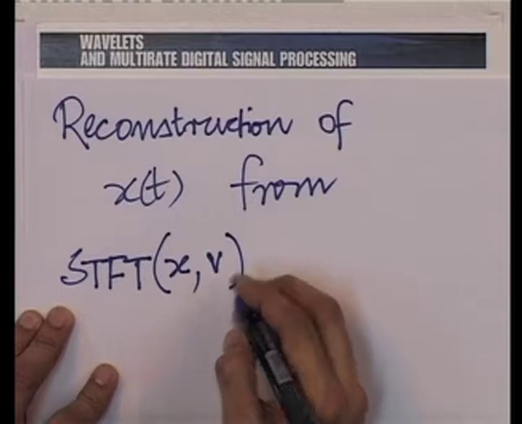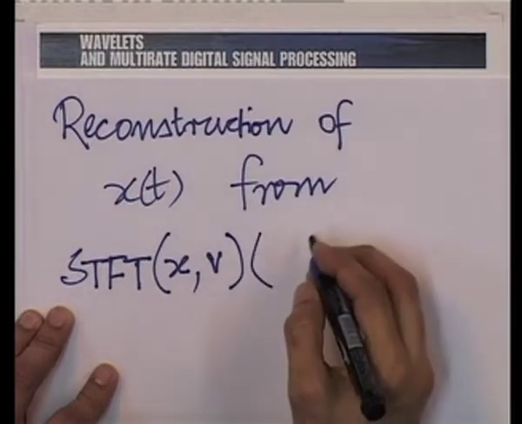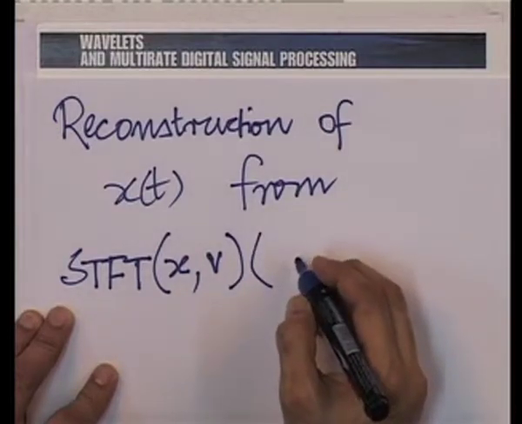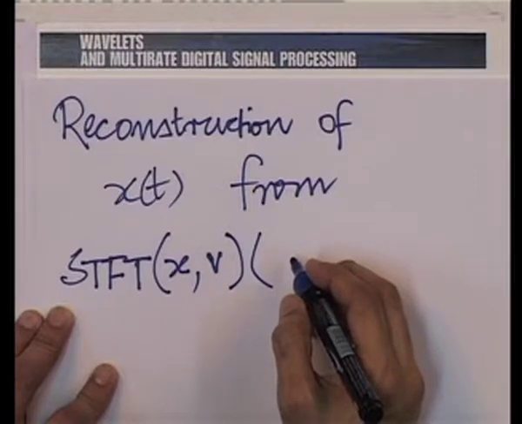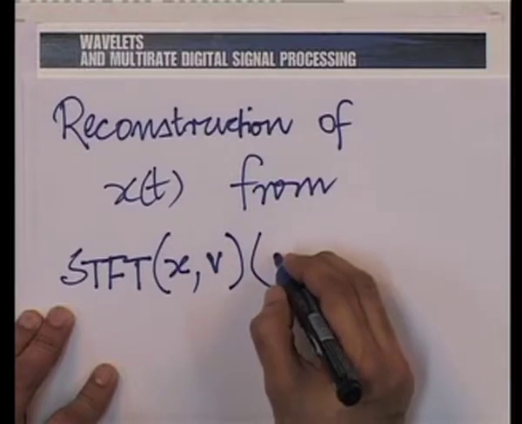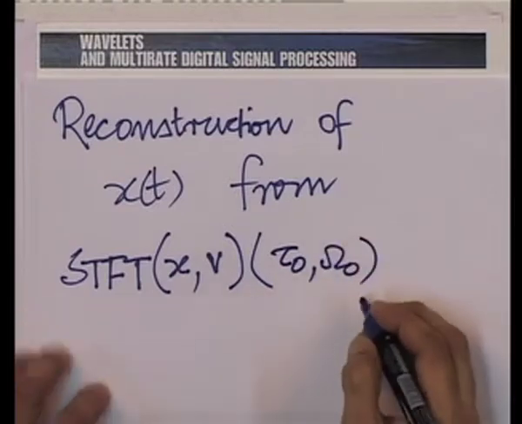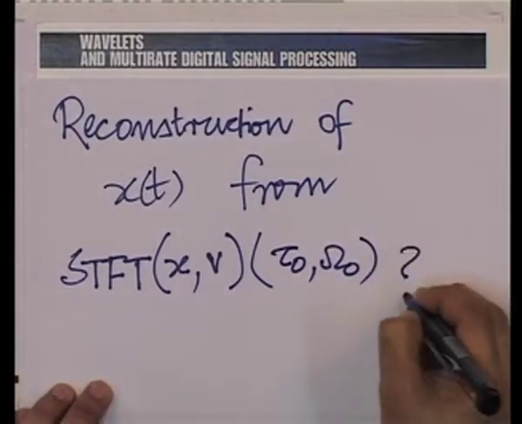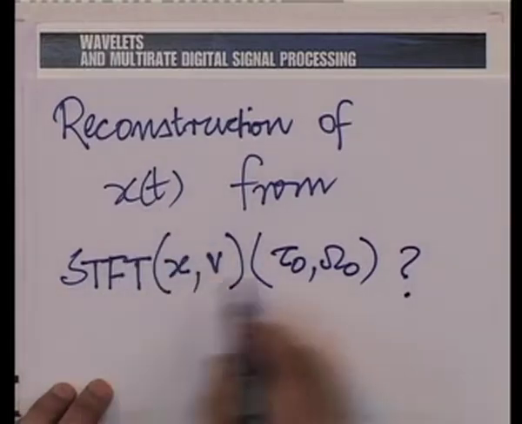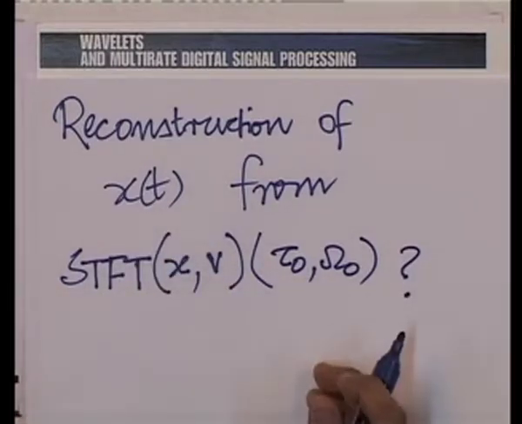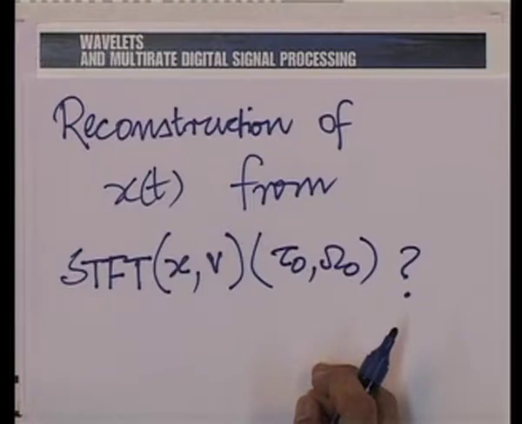These are the secondary arguments and the primary arguments are the translation and modulation given by tau naught and capital omega naught. So, this is the question: how do we reconstruct x(t) from this? In order for a transform to be useful, it must be invertible, otherwise we are losing something in the transform, and therefore we need to ask this question and answer it satisfactorily.